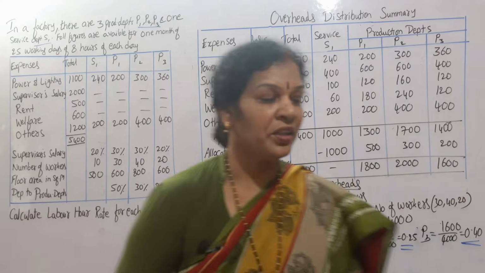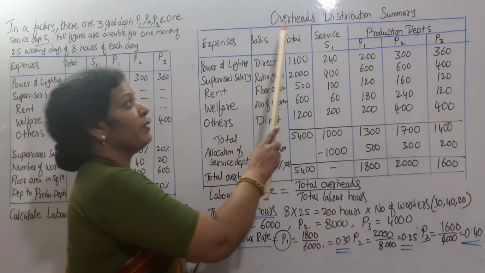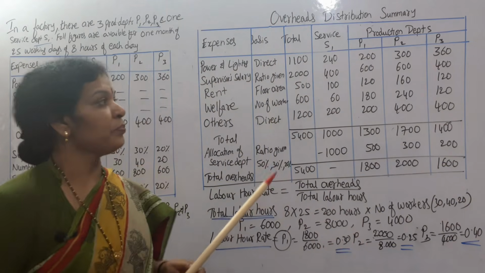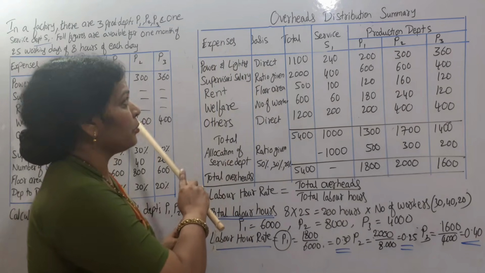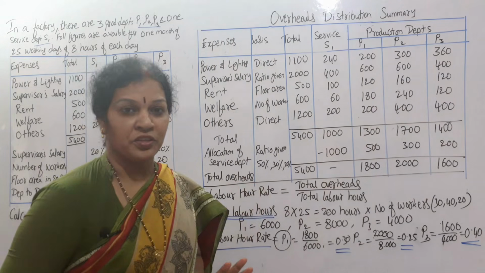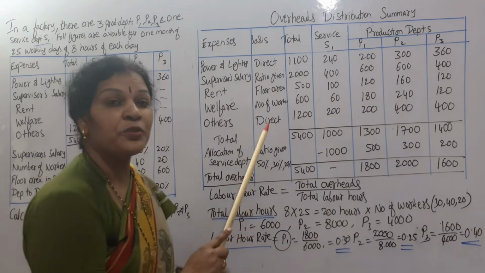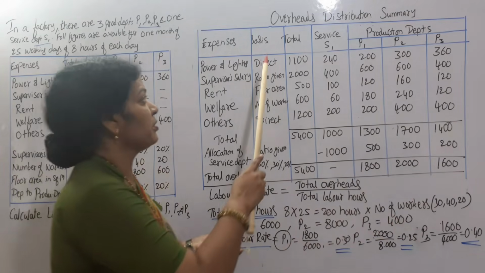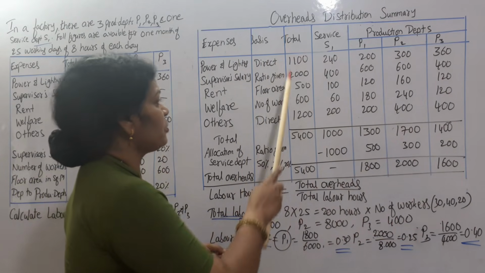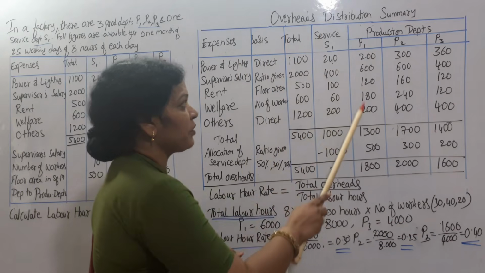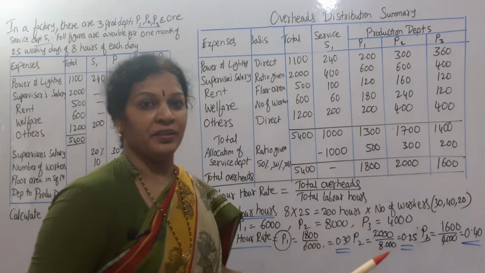Now for this I have taken a table here. See, overheads distribution summary. First of all, total expenses we are going to distribute. This is the expenses column, then the basis on which we are going to apportion, then total, and service department, production departments P1, P2, P3.